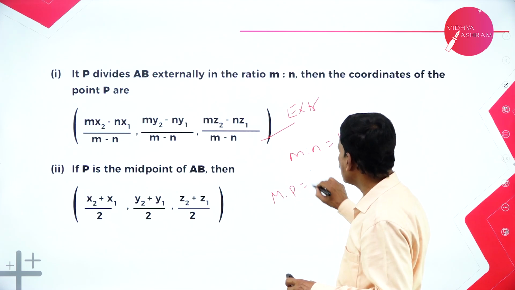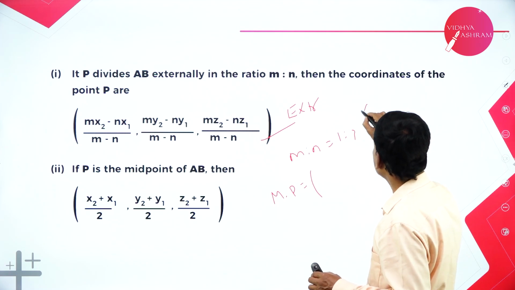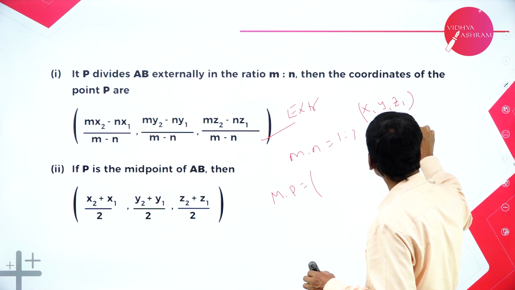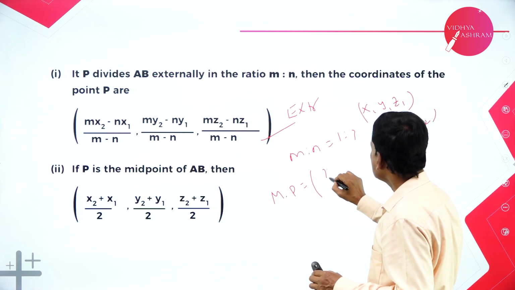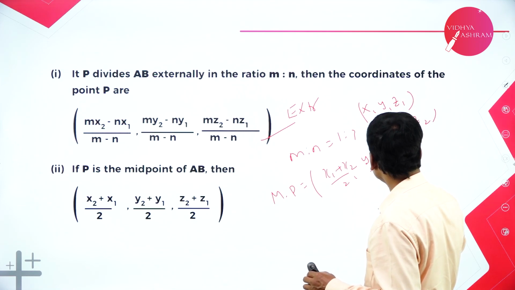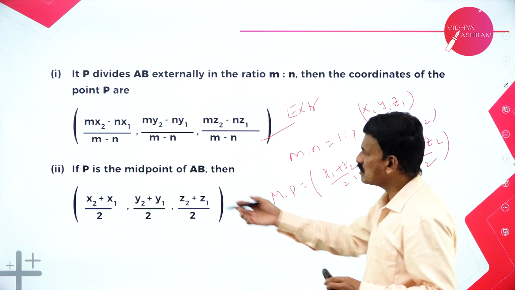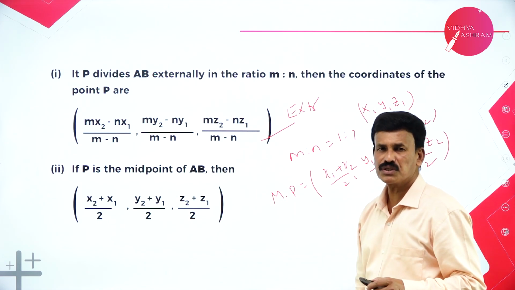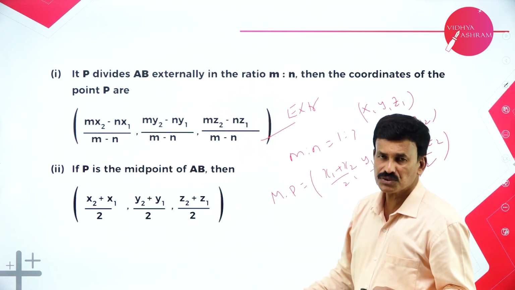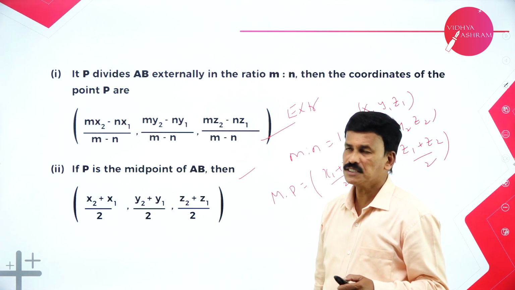So, the midpoint of the line joining the points (x1, y1, z1) and (x2, y2, z2) is (x1 + x2)/2, (y1 + y2)/2 and (z1 + z2)/2, or you can also write it as (x2 + x1)/2, (y2 + y1)/2, (z2 + z1)/2. So, these are the coordinates of the midpoint of the line AB, right?